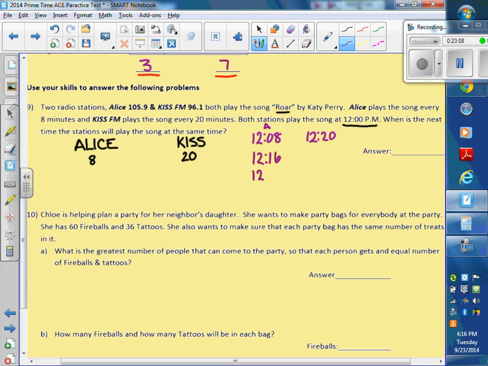At 12:24, Alice will play the song again, and Kiss has only played it once. So really, we're looking for multiples. We're really looking for the first or the least, which is also the first common multiple.